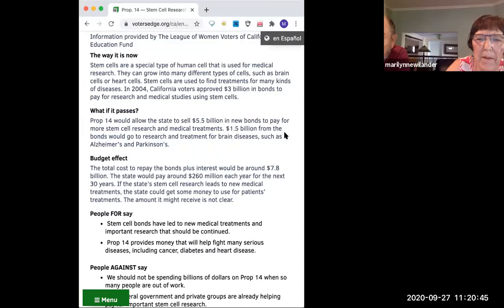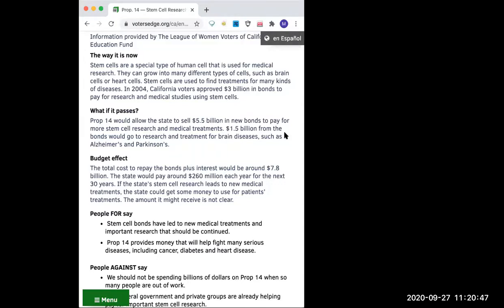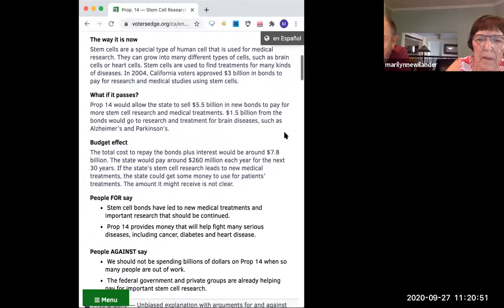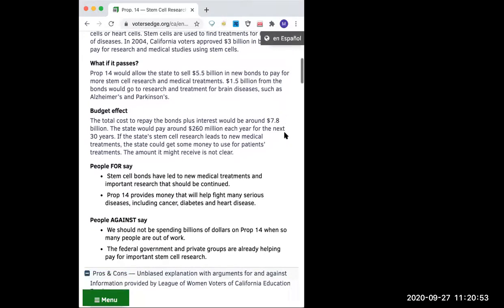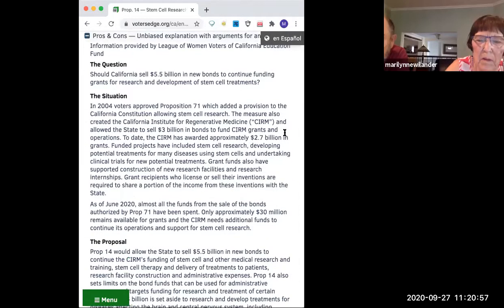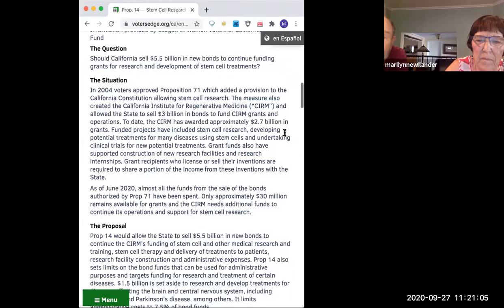To date, the institute has awarded approximately $2.7 billion in grants out of that $3 billion. And they have funded stem cell research, they've developed potential treatments for many diseases using stem cells, and have undertaken clinical trials for new potential treatments. The money has been distributed through Stanford and the University of California system exclusively.